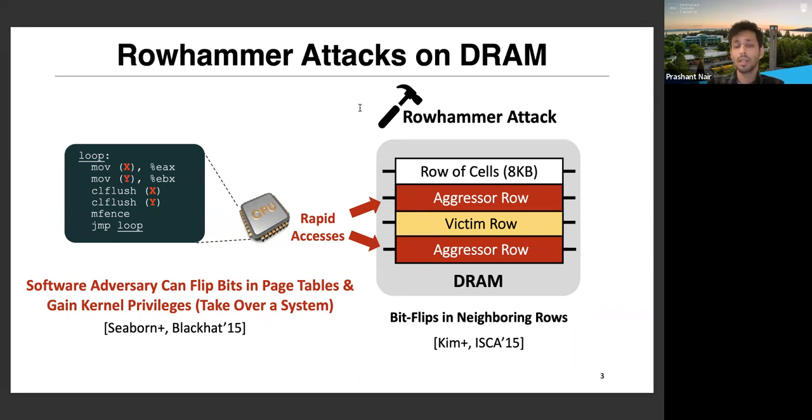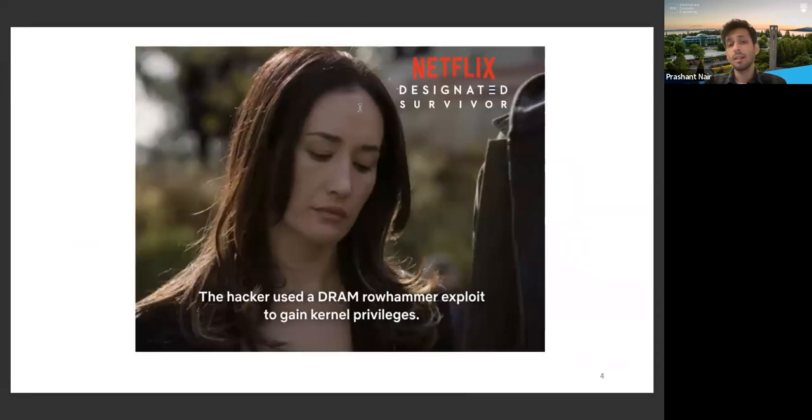This was demonstrated by Seaborn and others in Black Hat 2015. In fact, row hammer attack has gained a lot of popularity even in drama and TV shows. For instance, Netflix has a show wherein the protagonist talks about a hacker that uses DRAM-based row hammer attacks to gain kernel level privileges.